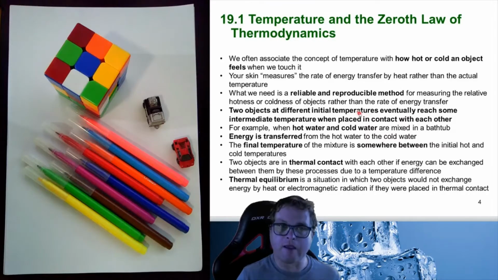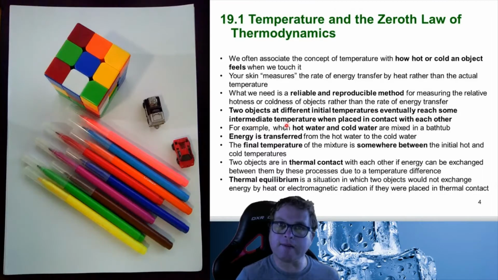But what we actually need is to move away from an intuitive understanding of what hot and cold is, and we need to define a more reliable and reproducible method. So we need to come up with a rigorous way of defining what relative hotness or coldness is. Two objects at different initial temperatures eventually reach some intermediate temperature when placed in contact with each other.